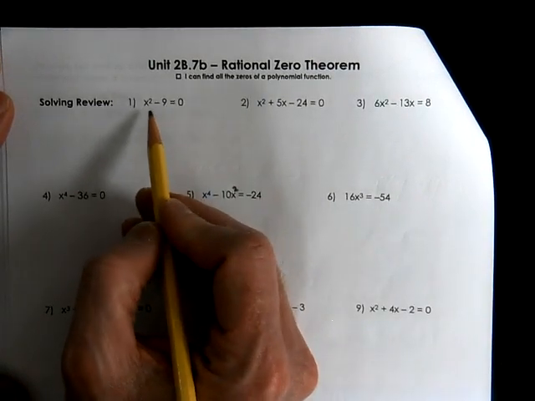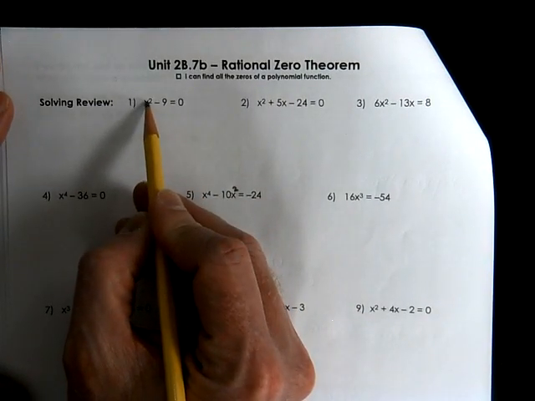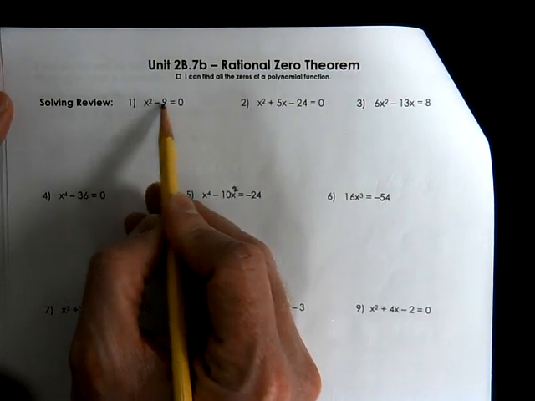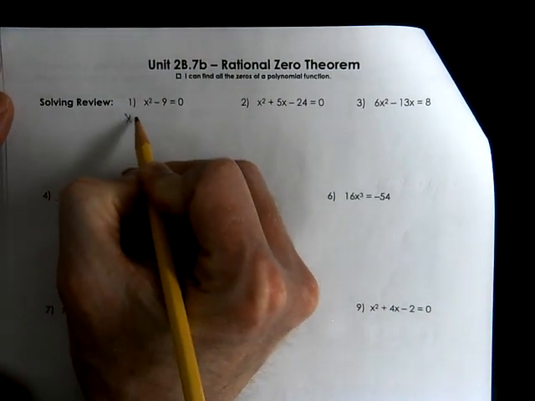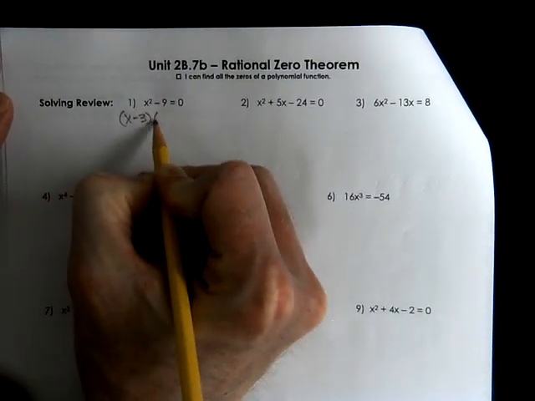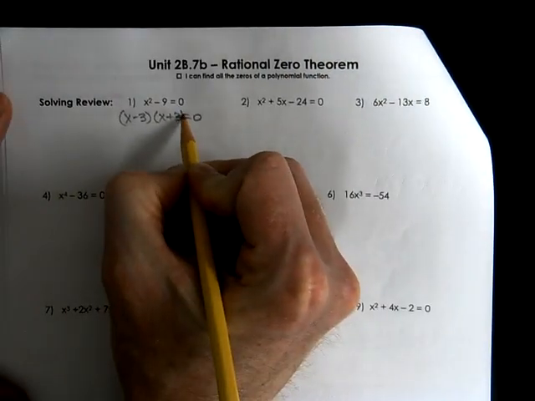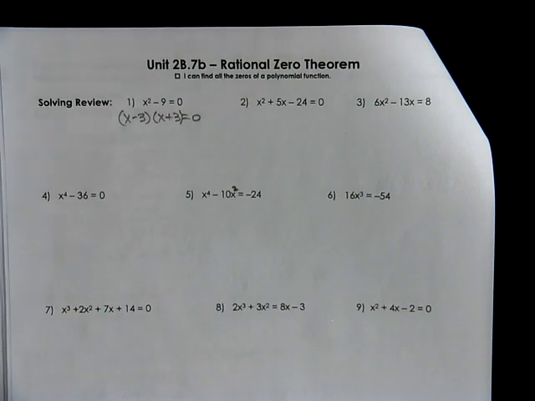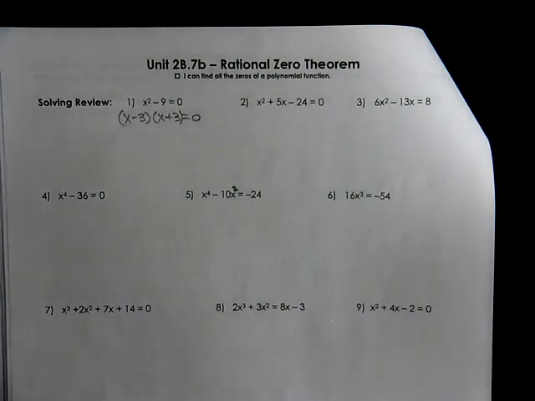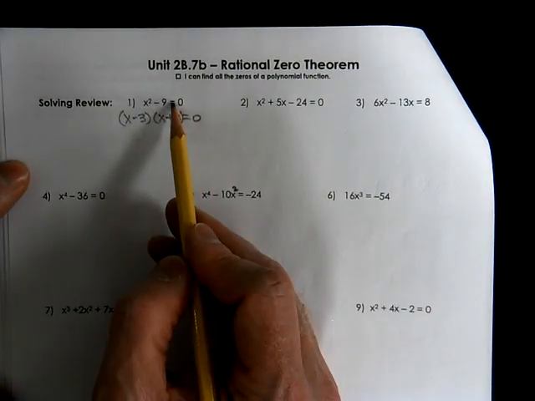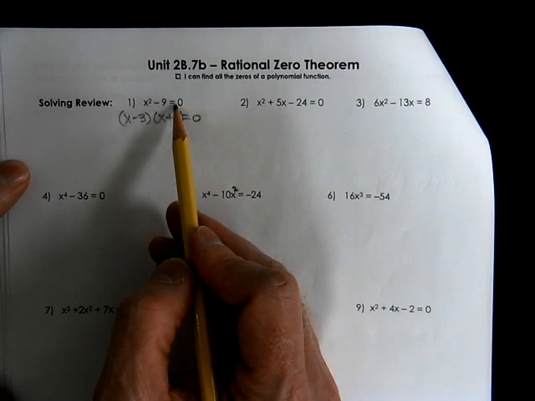So we look here at the first one, and we notice that this is the difference of two perfect squares. So x minus 3 and x plus 3 would be how we could factor that. It's got to be equal to 0 still. When it has an equal sign, that tells us that we are looking for zeros.